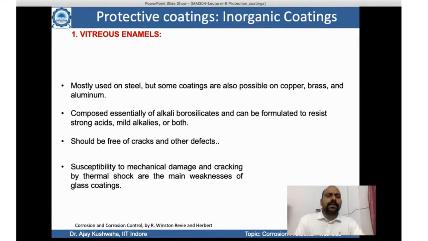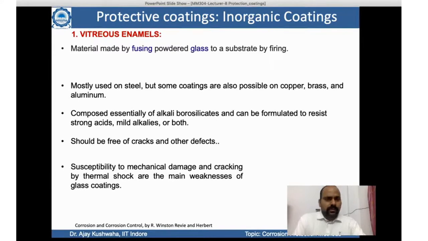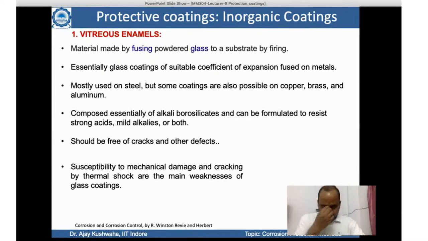Let's say the vitreous enamels: material made by fusing powder glass to a substrate by firing. Here a glass coating of suitable coefficient of expansion is fused on metal. So basically on top of the metal we are going to coat a glass layer. Fused powder of the glass is coated, and that is known as a vitreous enamel.